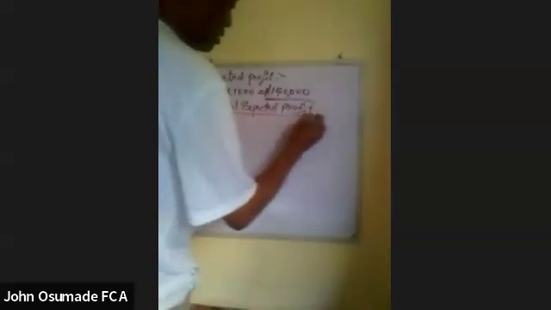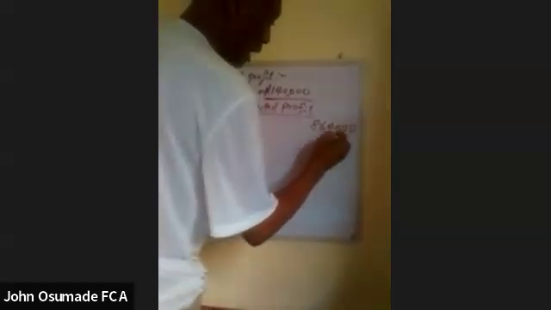So if we are flexing it, we are giving the sales. What's the sales? 864,000. Now, the quantity, the actual quantity, is that cost of sales.